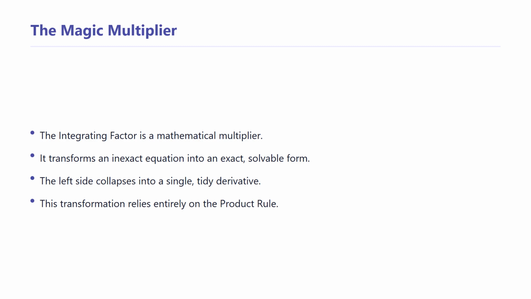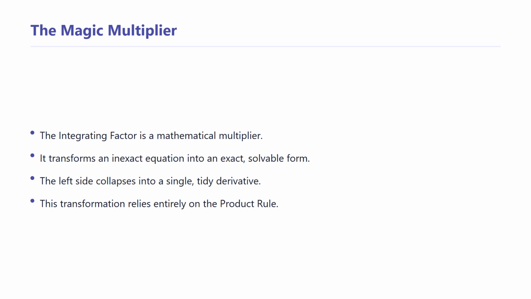Now that we understand the problem of stubborn equations, let us look at the solution. Imagine someone hands you a special pair of glasses that suddenly makes the edges of those puzzle pieces change shape so they lock together perfectly. The integrating factor is exactly like those special glasses. It is a magical mathematical multiplier.